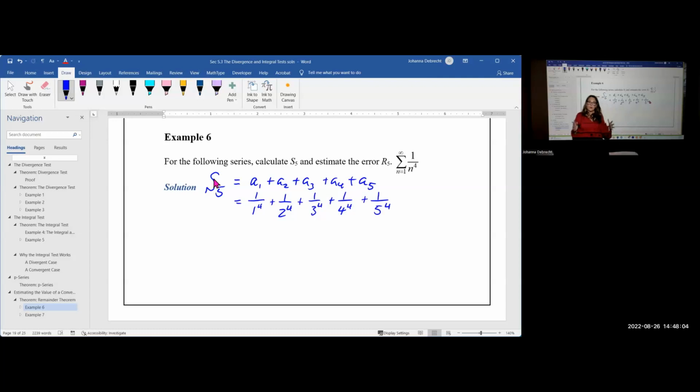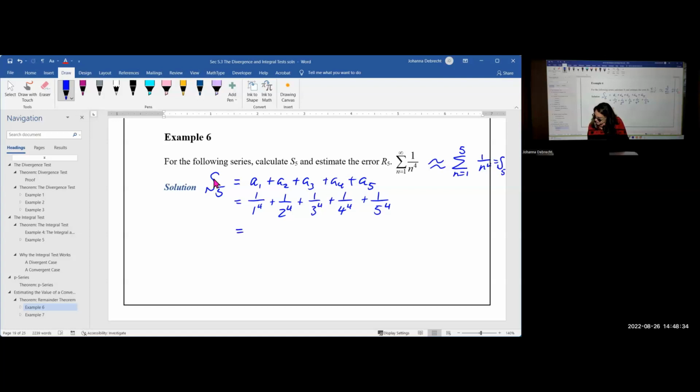Now, this is my approximation for the value of the infinite series, which goes to infinity, but I'm approximating it with the sum of the first 5. And this, of course, is S5. Take your calculator out and figure out what you get.